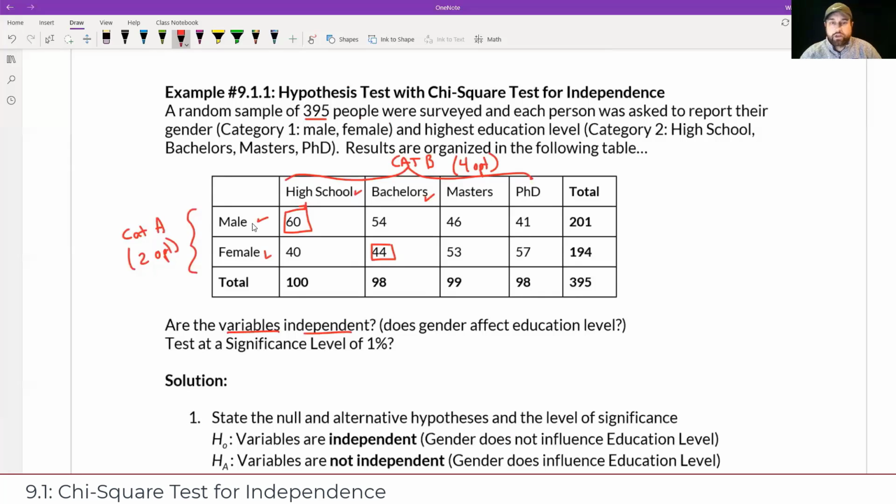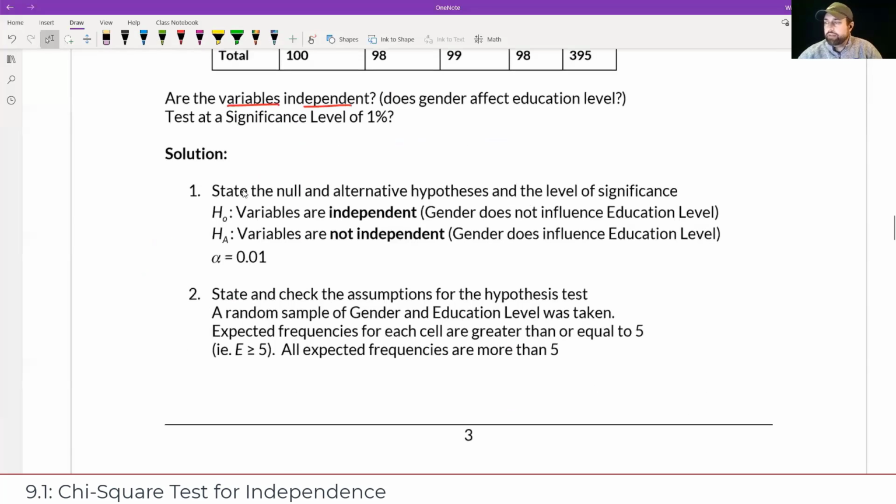In other words, does your gender impact the highest education level that you attain? So our null hypothesis is that the variables are independent, that there is no correlation. There's no reason to think that gender and education level are related to each other, that they're completely independent.